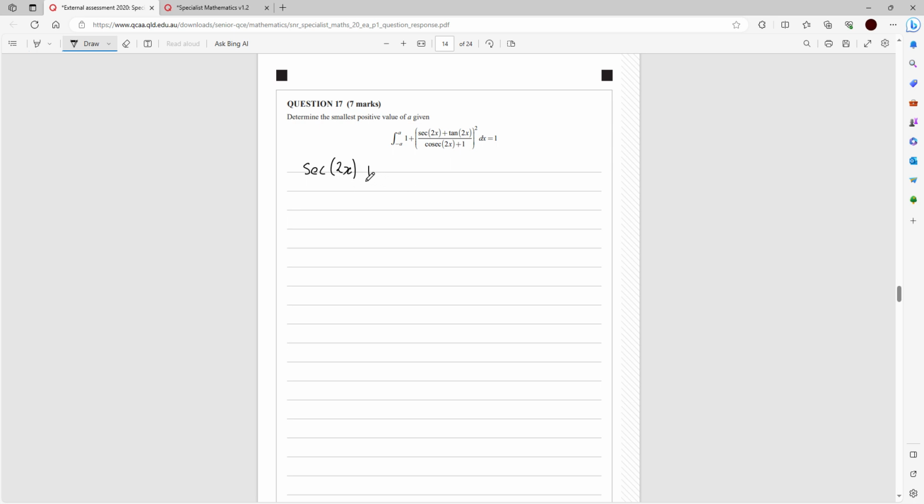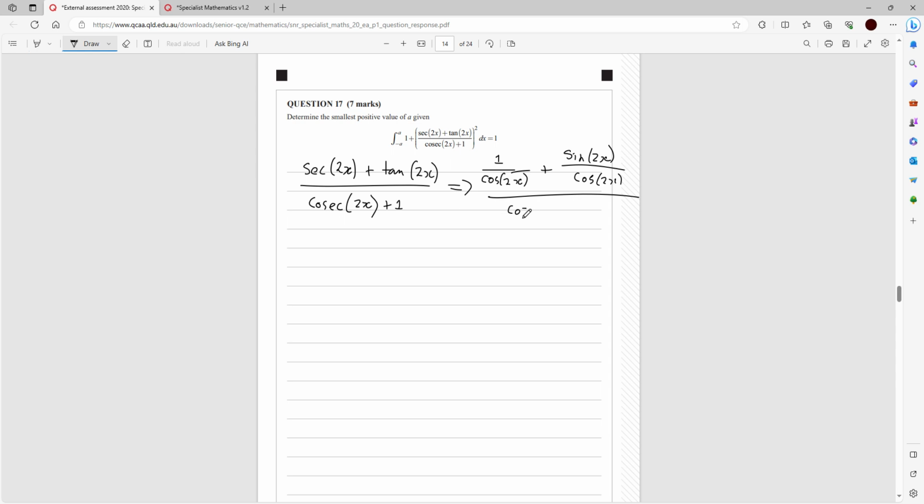Sec plus tan of 2x on cosec 2x plus 1. Okay, let's just start simplifying this. So we can rewrite this because sec is 1 over cos, so we can write that as 1 over cos of 2x plus, and tan is the same as sine on cos, so that would be sine of 2x on cos of 2x, divided by cosec, which we'll leave for now.